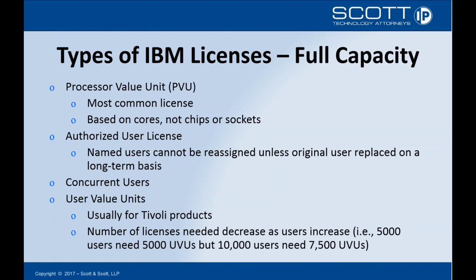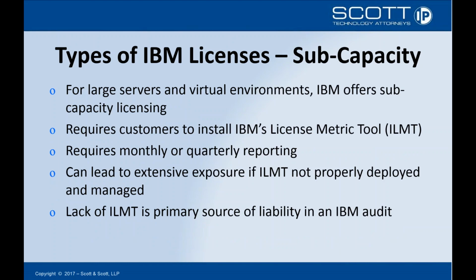Some larger boxes have thousands of licensable PVUs on the one physical box. And so it may be cost prohibitive for you to license a particular product for the full physical server. So what you may consider doing is licensing on a subcapacity basis.